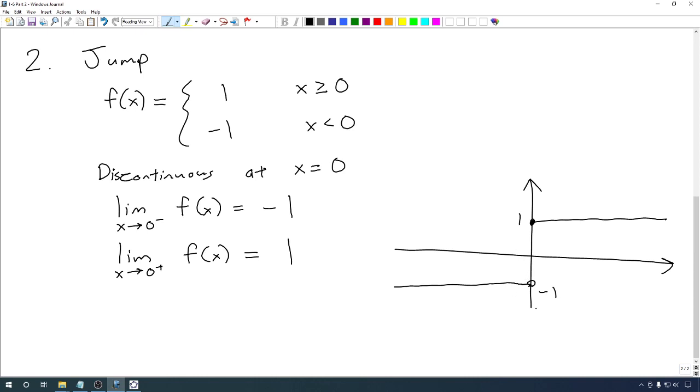It's any place where it suddenly has to make a jump from one value to another. And that's always going to happen when we have these two one-sided limits that both exist, but they're not the same number. So that's essentially what you can take to be the definition of a jump discontinuity. It's where both one-sided limits exist, but they're both different numbers.